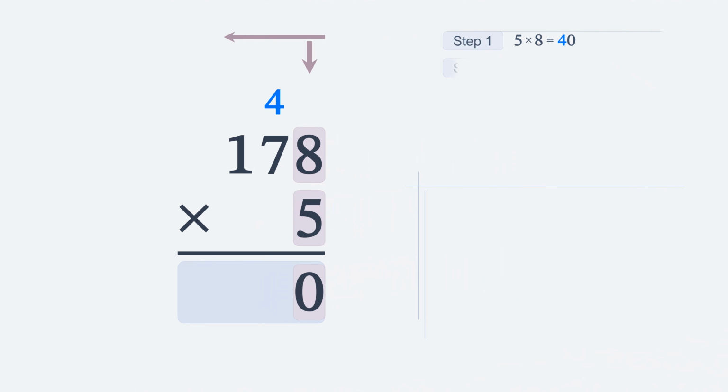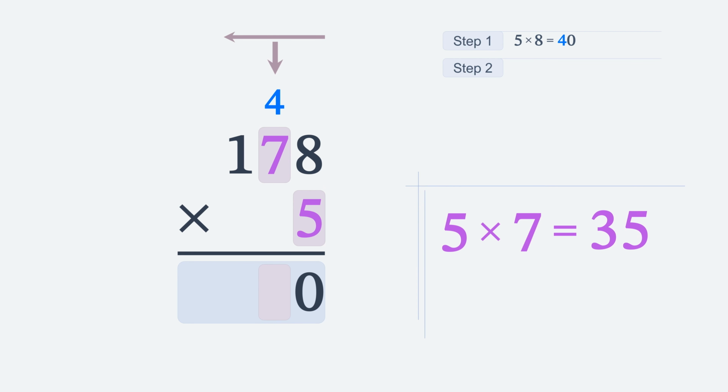Now we can move on to the second step. We multiply the bottom digit, 5, by the digit in the tens place of the top number, which is 7. 5 times 7 equals 35. But there is also 4 we carried up to the top from the previous step. What do we do with that?